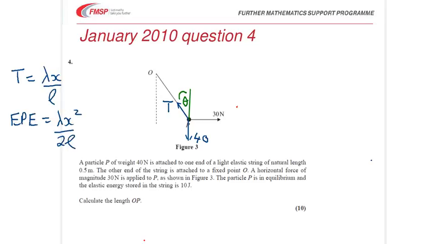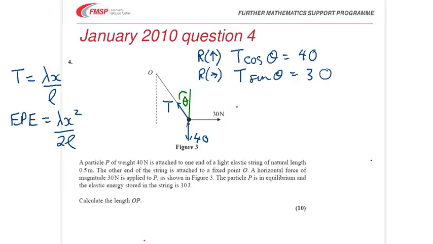Alright, let's resolve now then, because it's crying out for resolving, either that or a triangle of forces to represent the equilibrium. I'll resolve. Resolving vertically, T cos theta equals 40, and resolving horizontally, T sin theta equals 30.